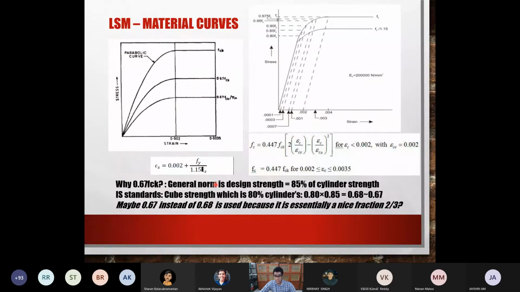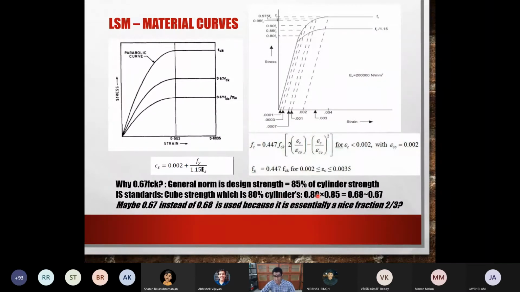The general norm is design strength equals 85% of the cylindrical strength. This is just a norm which is used. We use cube strength for our compressive strength test in the lab. But as told some few classes back, cylinder strength is actually more representative of concrete strength, and in general the cube strength will be only 80% of the cylindrical strength.